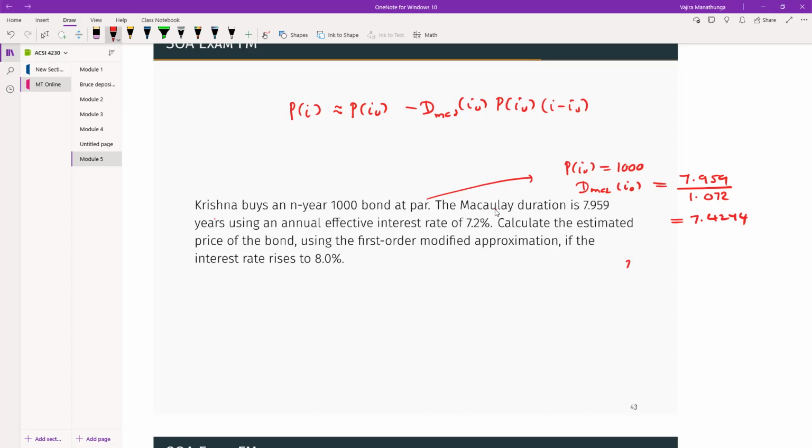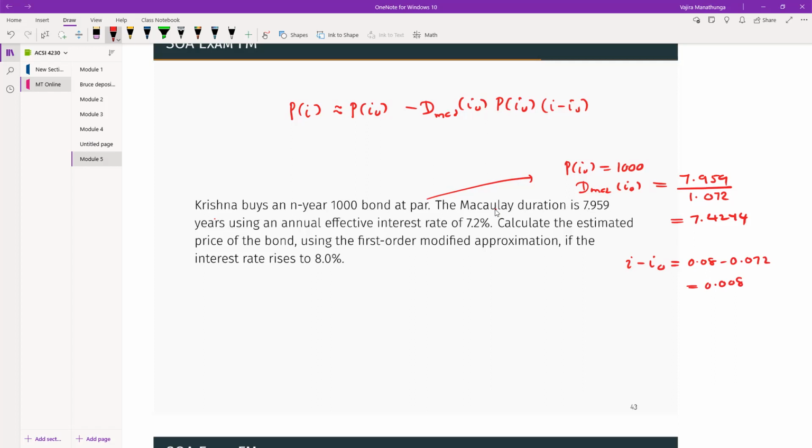So I minus I naught: it's going to be 8% minus 7.2%, so basically 0.008 as a decimal, not as a percentage. I minus I naught is the other way, let me change it. It's actually 8% minus the current rate, so this is going to be 0.008.